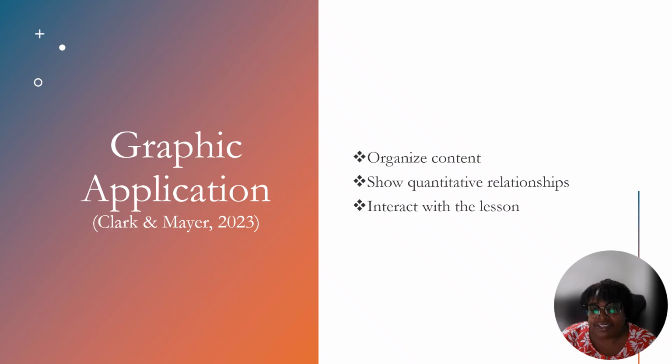Maps and graphs can be used to show the numerical relationships between two items in a lesson. And finally, simulations that are interactive lesson interfaces can be used to teach students how to perform a certain task. And as they are reading the lesson, they are able to perform the task within the graphic.